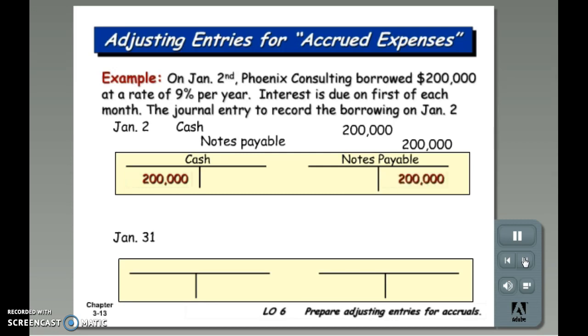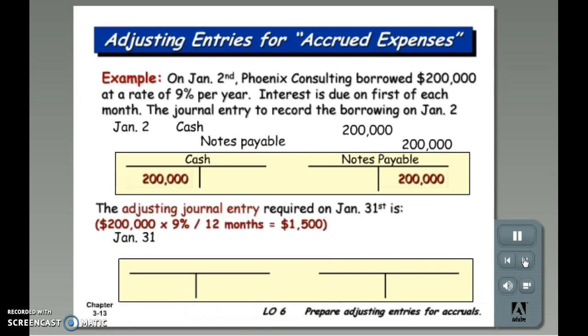On January 31st, the company will prepare an adjusting entry to record the 1 month's worth of interest expense related to the liability notes payable. The interest formula, once again, is principal multiplied by the annual interest rate multiplied by the amount of time the interest is being calculated. 1 month of interest is $1,500.